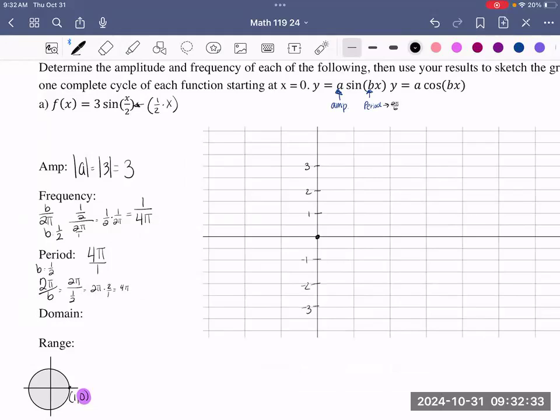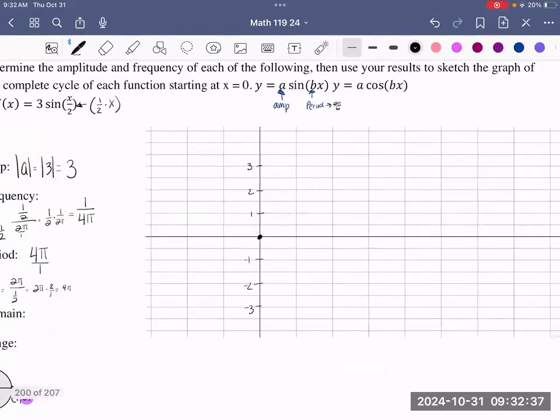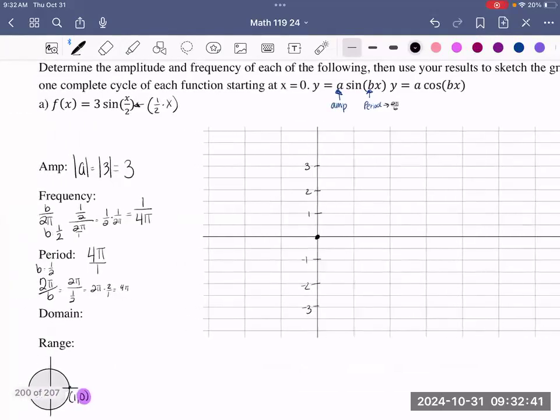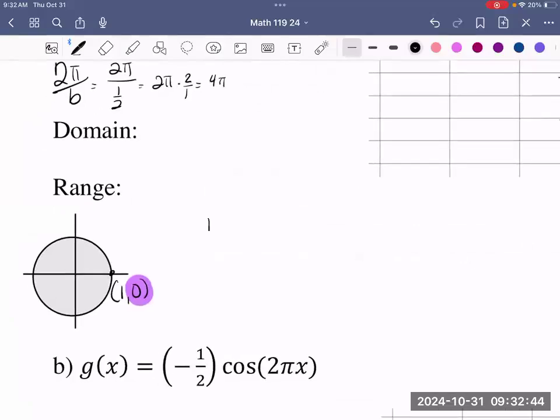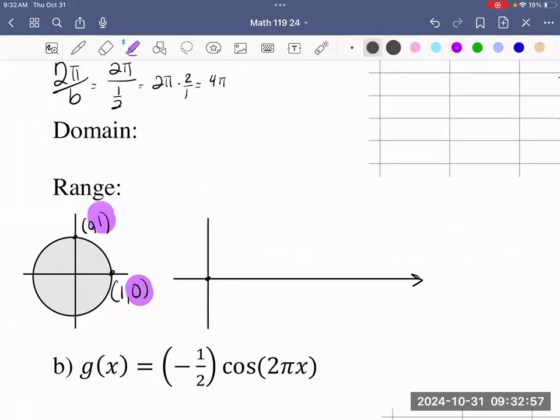So our first point here is at 0, 0. And then if we know that it's going to take one full rotation about the unit circle, if I were to make a really quick sketch, 0, 0, sine after that at 0, 1, again being a 1 value. So at pi over 2, we were at 1. So all the way up here at pi over 2.